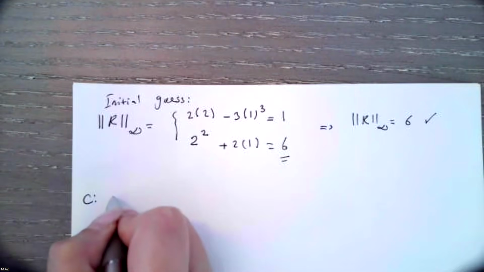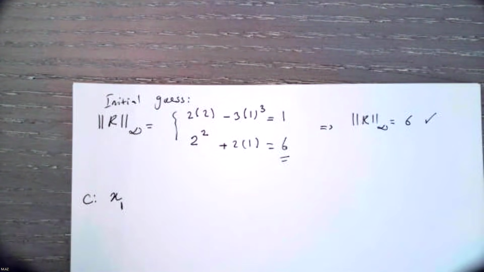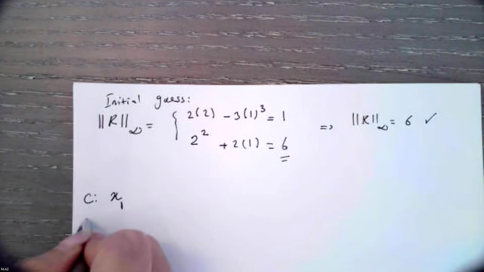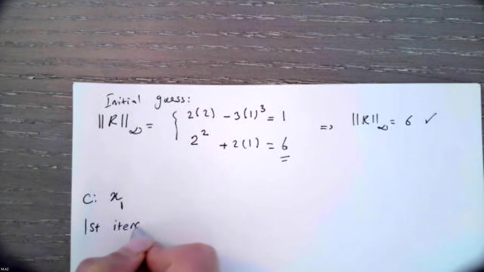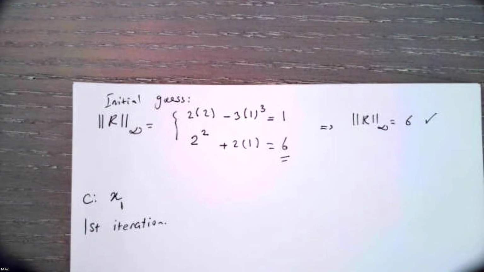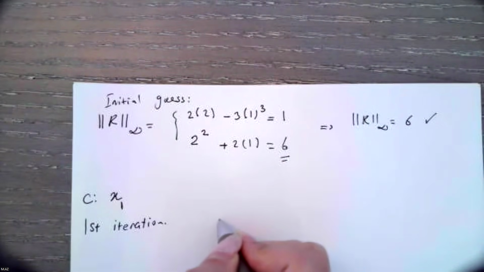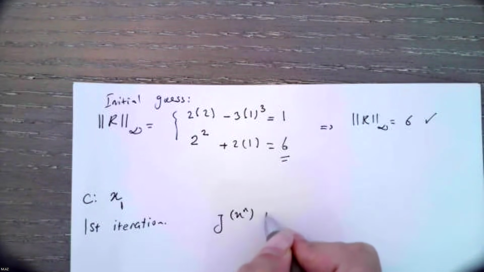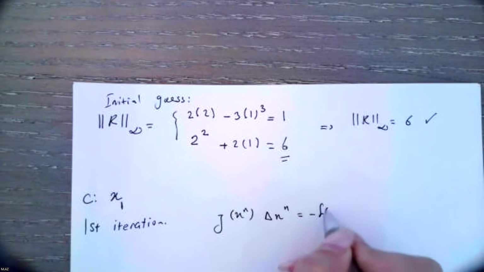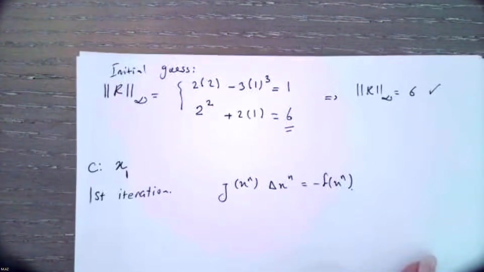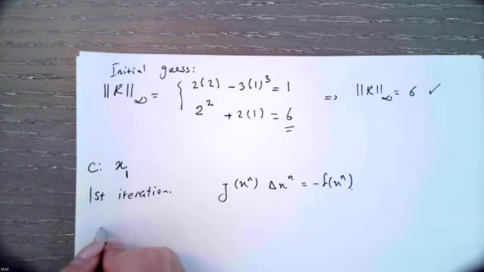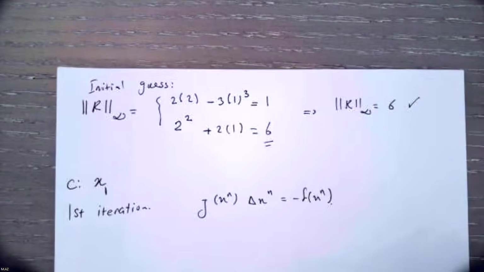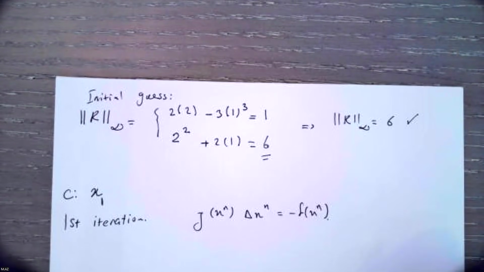For part C, we have to find the value of x1 for the first iteration, after the one-step iteration. Okay. The first step, we have to make a Jacobian matrix. This is the general equation for the Jacobian matrix of these problems.